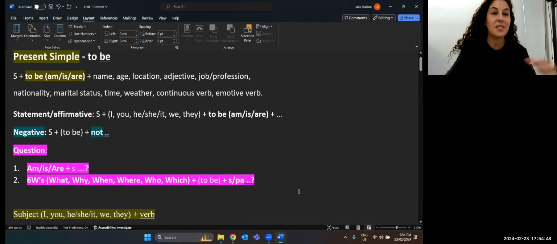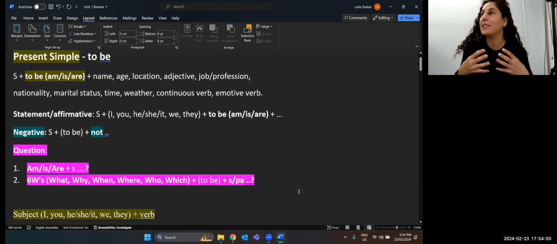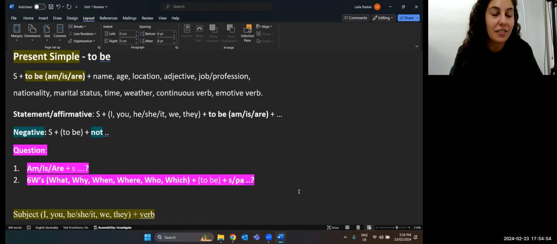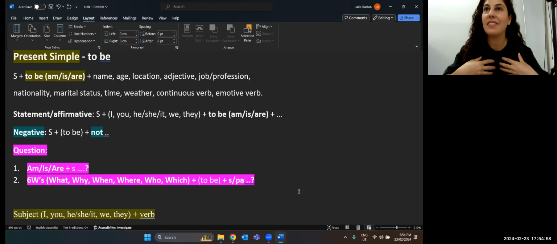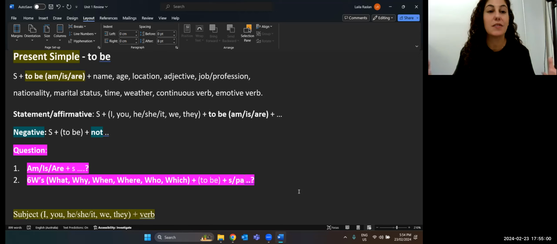Okay, so any questions with using the verb to be? We understand it's one of the most important verbs in English. It's just giving details, information about ourselves so we can talk about ourselves or other people.